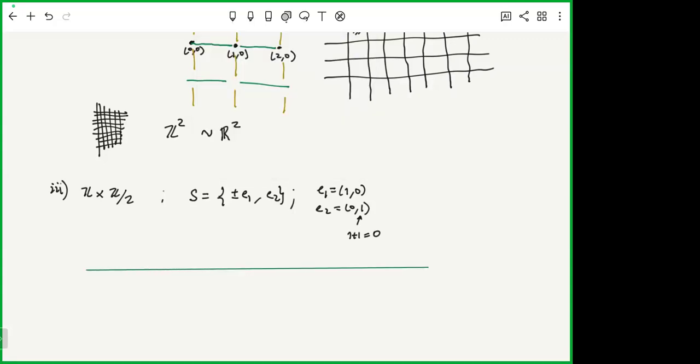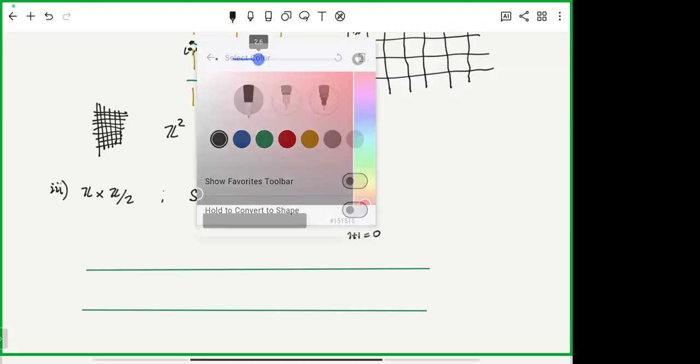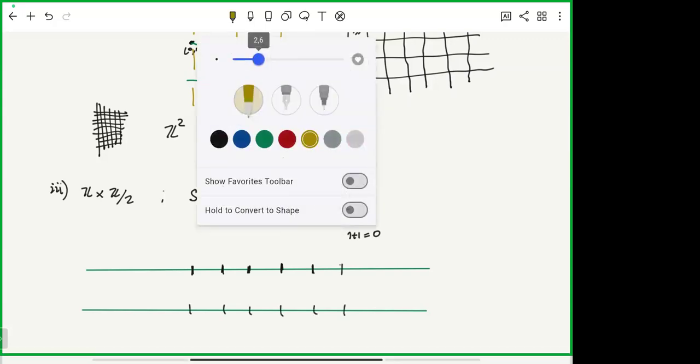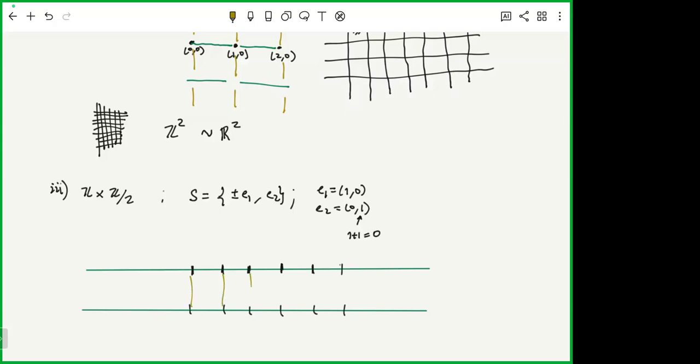We consider a line here. Horizontally consecutive points are joined by the first generator, while the other generator is joining those. So this looks like some staircase.